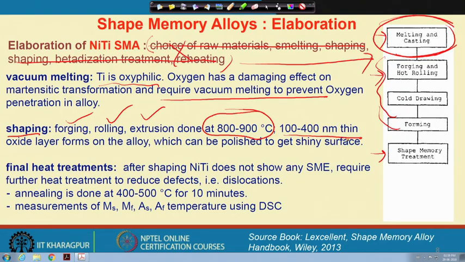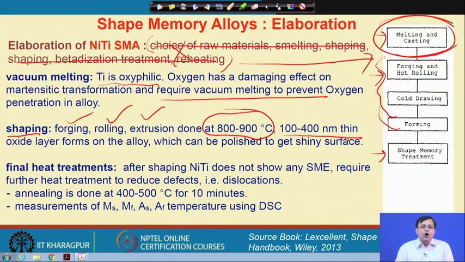During that deformation, since temperature has been raised, oxygen will definitely react, but not so extensively as in the liquid state. So, during the shaping operation, usually a 100 to 400 nanometer thin oxide layer, a titanium dioxide layer, will form on top of this nickel titanium alloy.